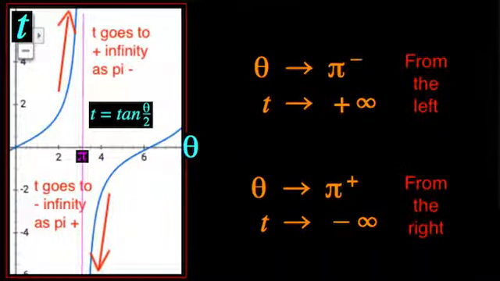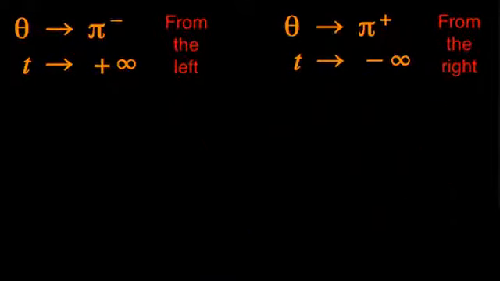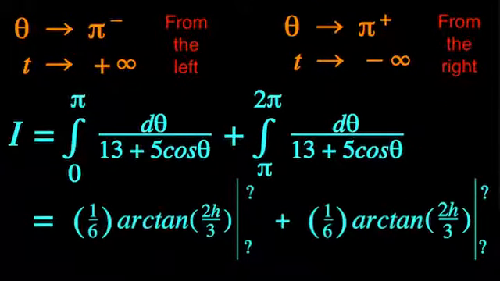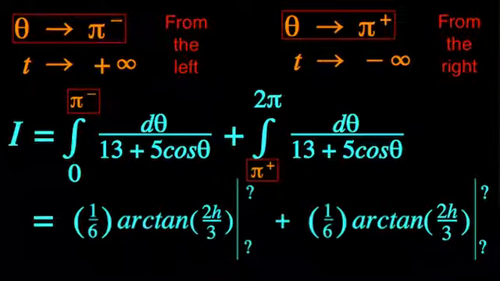So having established how t behaves in the vicinity of theta equal to pi, we can take an informed look at this thing. So this is what's really happening here with the bounds of integration.